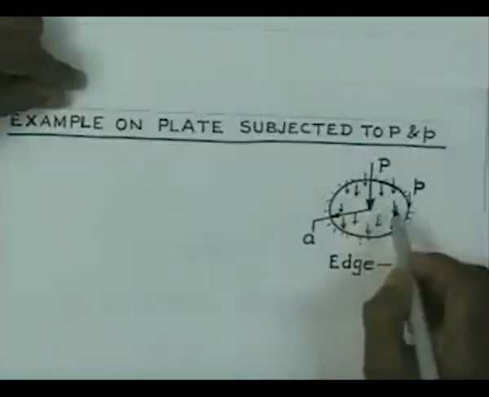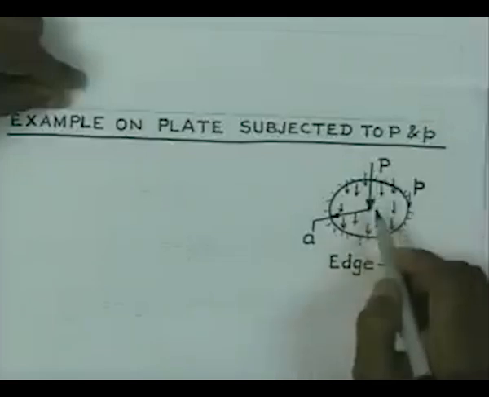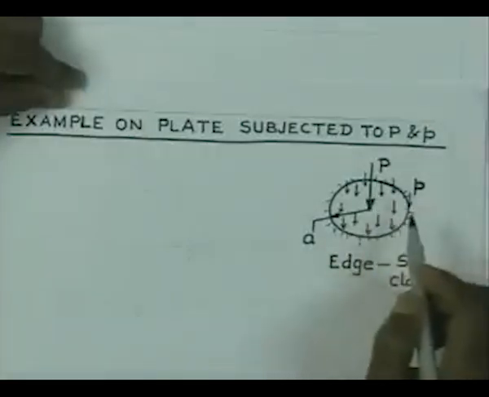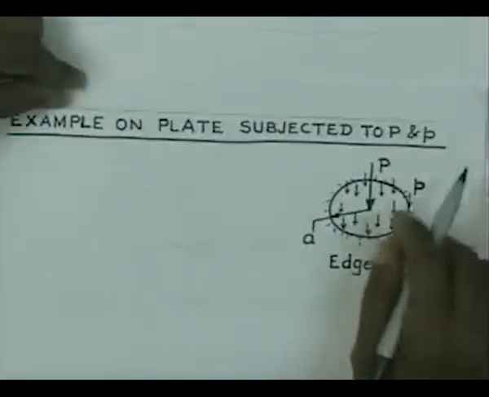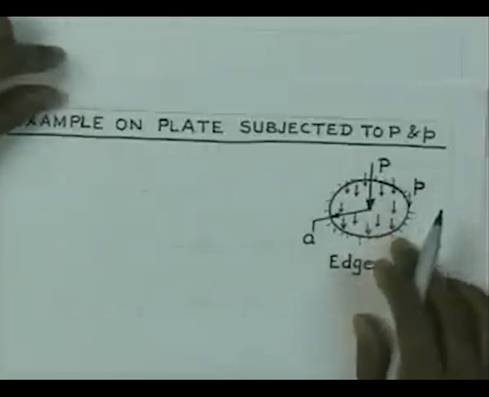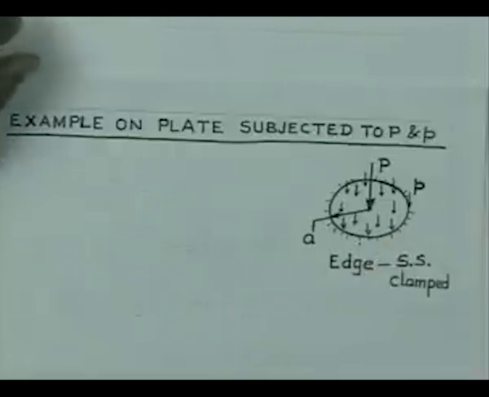So, the loading on the plate is some normal load plus distributed load acting. Now, in order to find out the solution, we must know the shear force per unit length of circumference at a particular position.